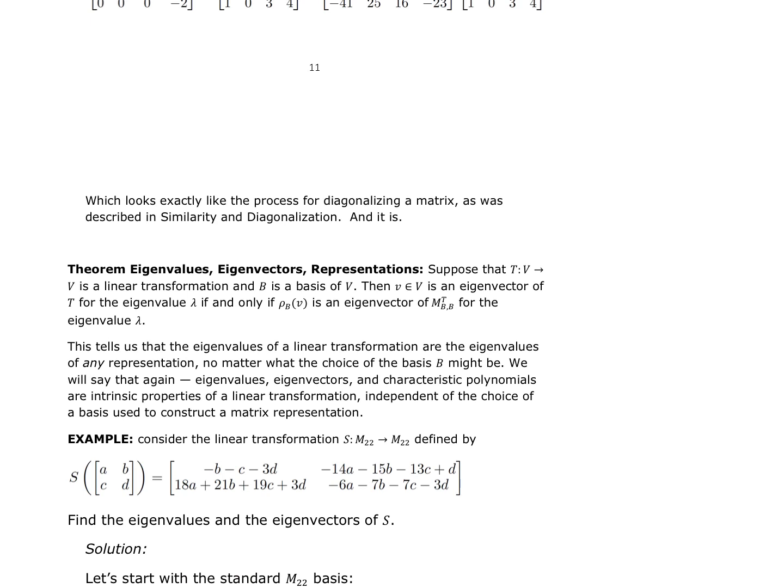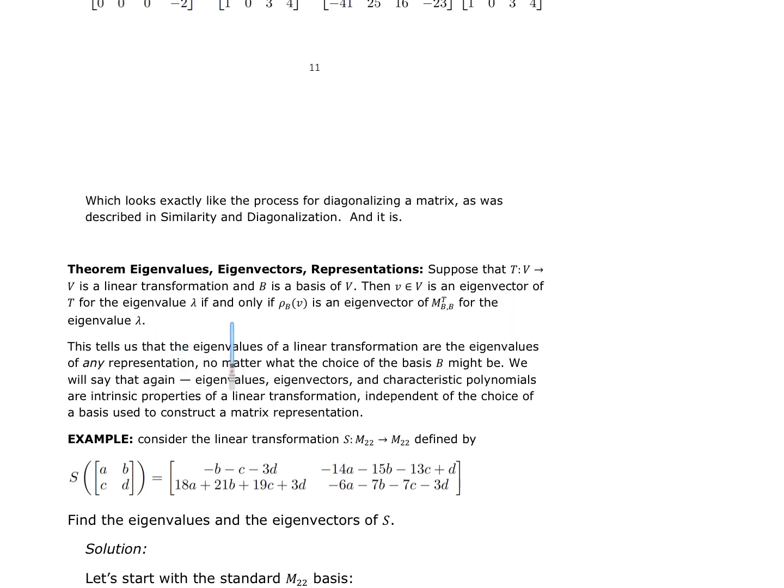And so what we get is: suppose T is a linear transformation from V into V, and B is a basis of V, and this vector in V is an eigenvector assigned to an eigenvalue of lambda.